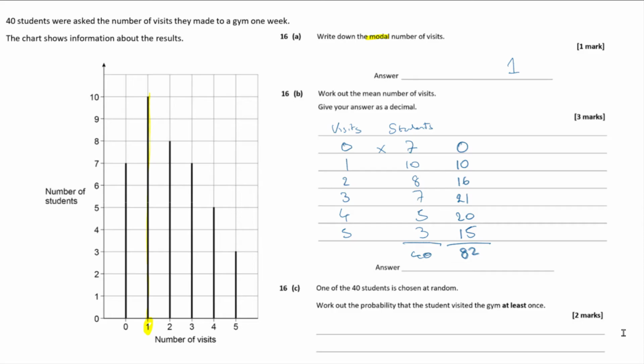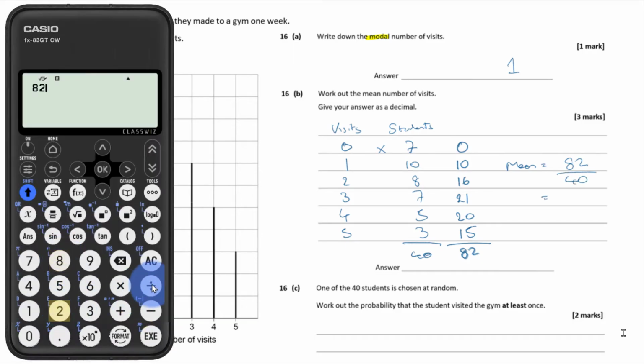So that comes to 82. Therefore the mean is going to be the total visits made, which is 82, divided by the total number of students, which is 40. So 82 divided by 40 comes to 2.05.